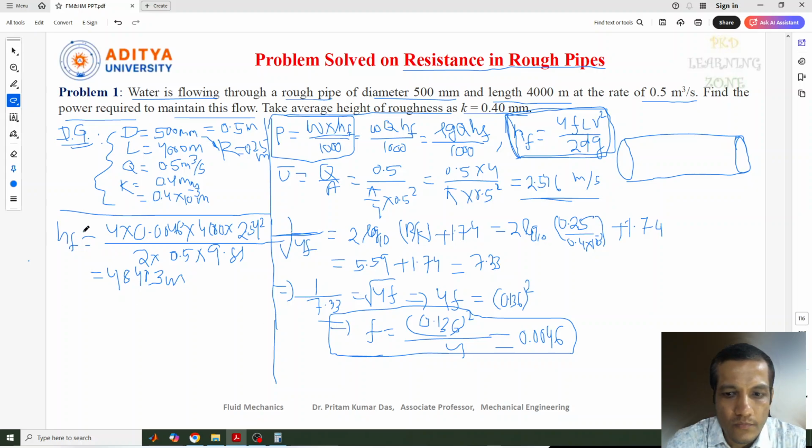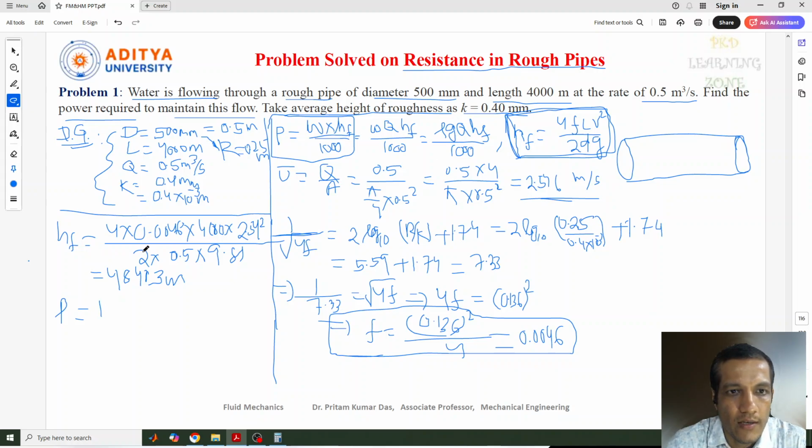Next is finally the P value. P is equal to rho g Q hf.